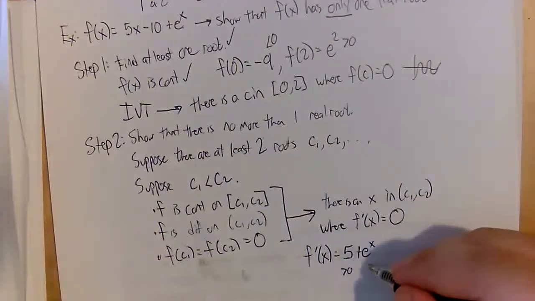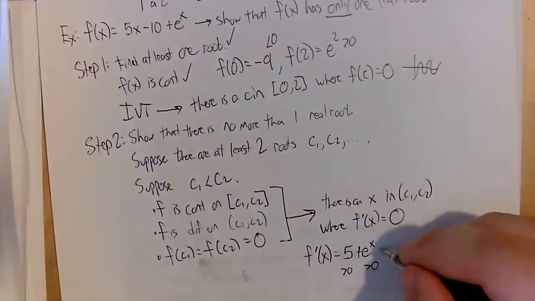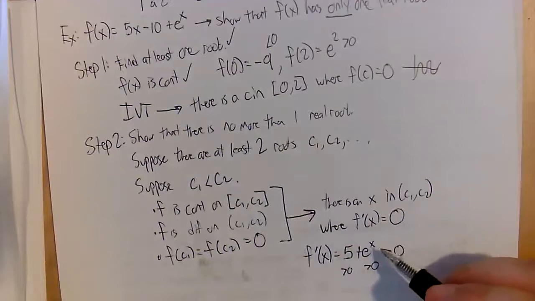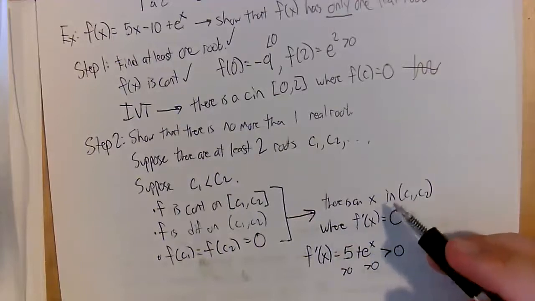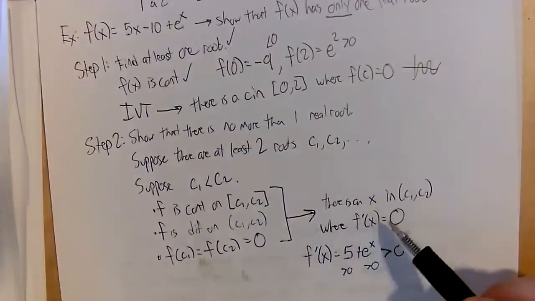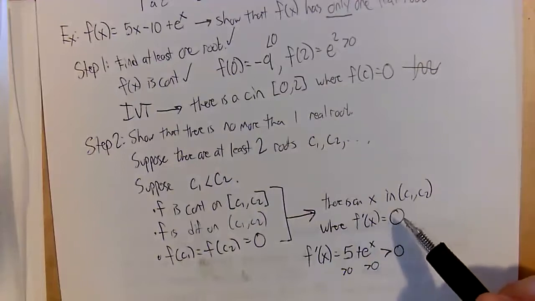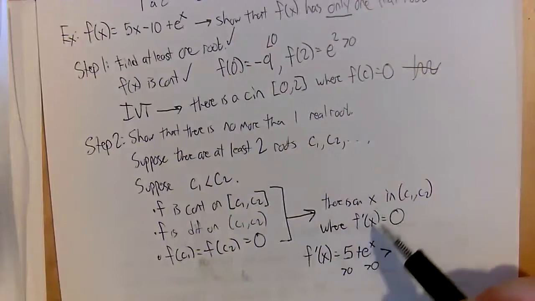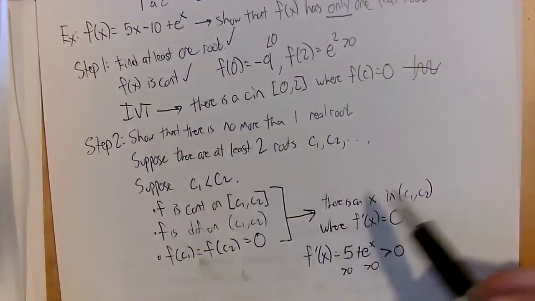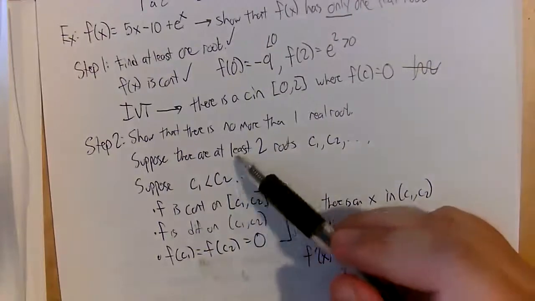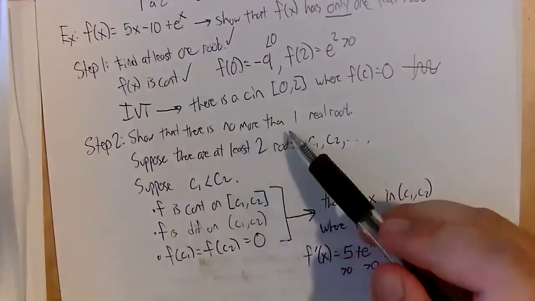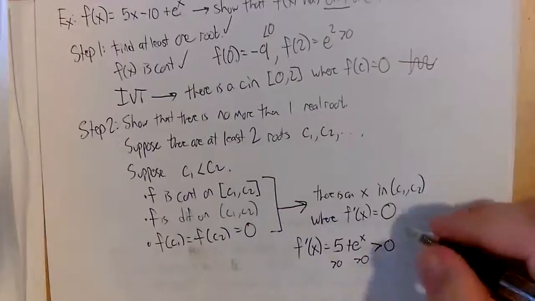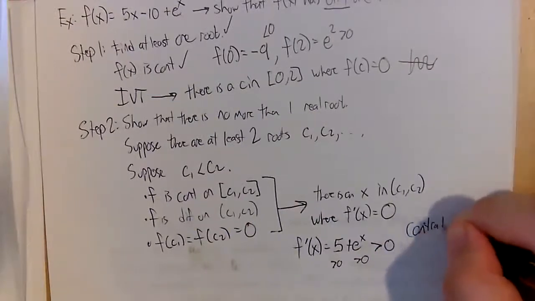We know that exponential functions are always positive. So that means that the whole thing has always got to be greater than 0, no matter what our x value is. But on the other hand, according to Rolle's theorem, there should be a place where our derivative is 0. So we see that these two facts can't both be true. All of our reasoning was correct. The only thing that could be wrong is our assumption here, that we have two roots. So this is a contradiction.